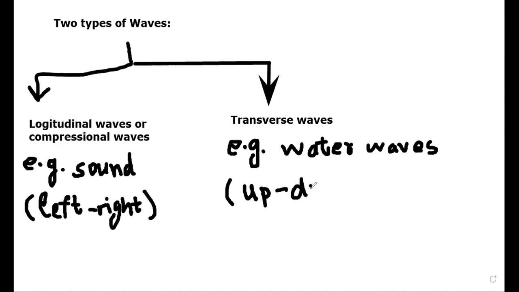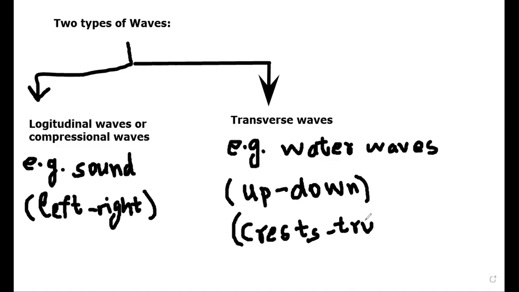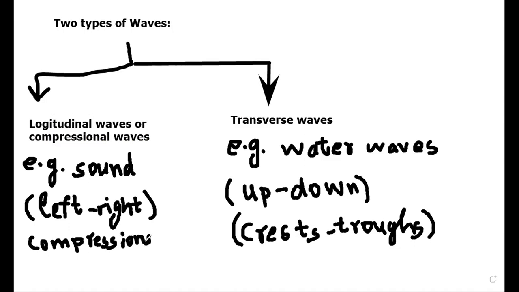That means crests and troughs are generated in those waves. While in longitudinal waves, there are compressions and rarefactions.